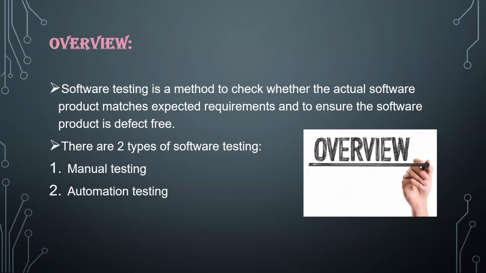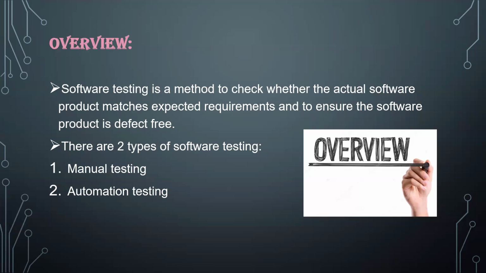But for this TOSCA automation testing, we don't require any coding knowledge. So that's why we are here now. Let me explain first. What is manual testing and what is automation testing?